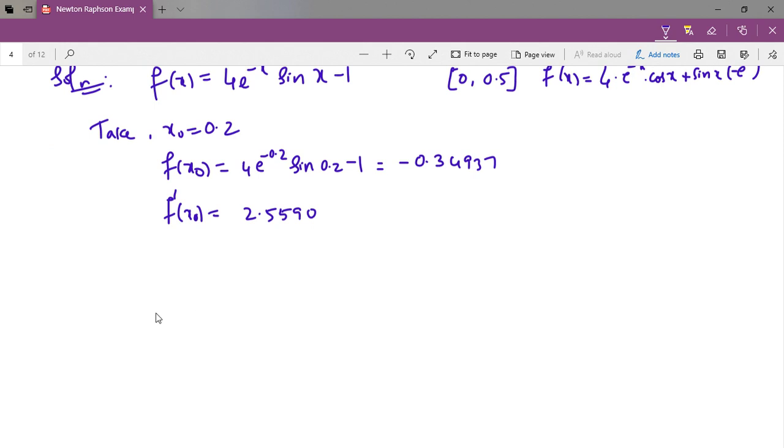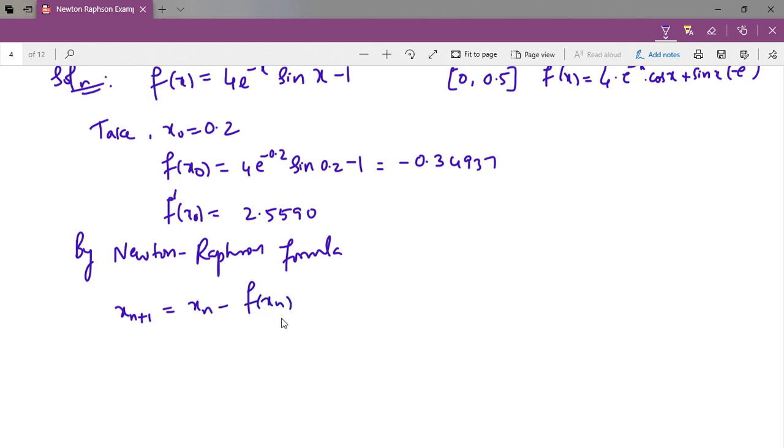So now we come to the Newton-Raphson formula. By Newton-Raphson formula, xn plus 1 is equal to xn minus f of xn divided by f dash of xn. So for n is equal to 0, we have x1 is equal to x naught minus f of x naught divided by f dash of x naught. You have all these three values.